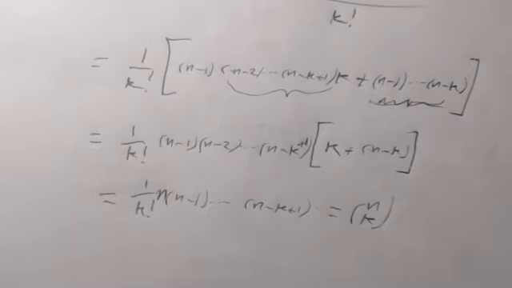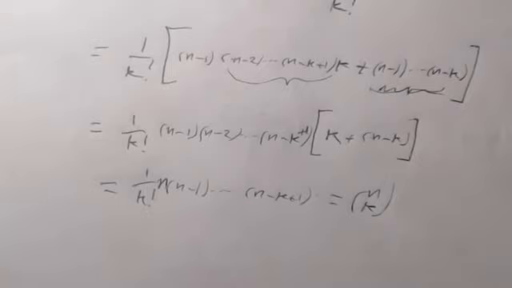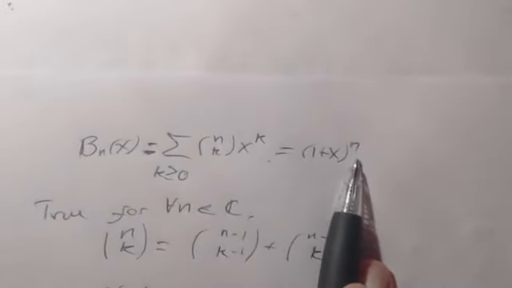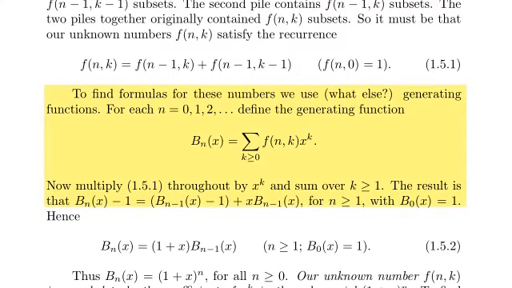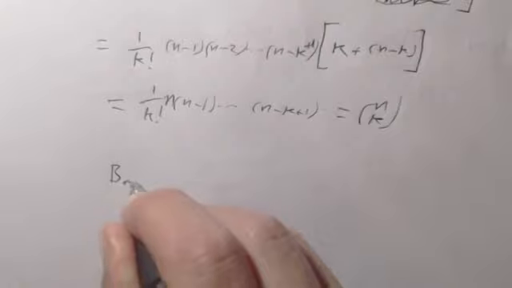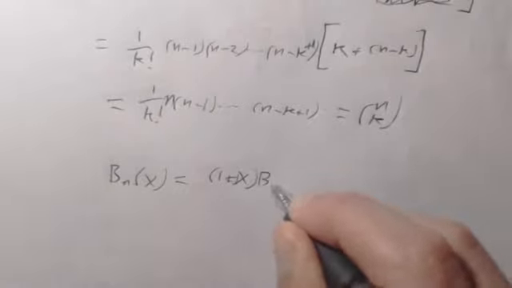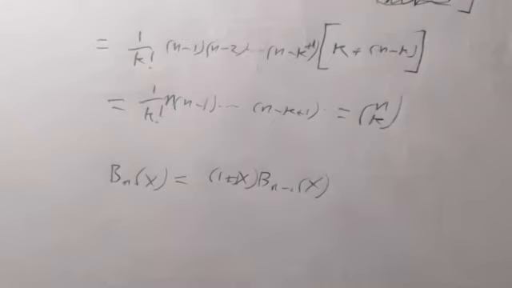Cool. So using that, we can now easily show that B_n(x) is equal to (1 plus x) to the n for the negative integers n, because if we recall last time, we used this recurrence relation to prove that B_n(x) was equal to (1 plus x) B_{n-1}(x), for n greater than or equal to 1.